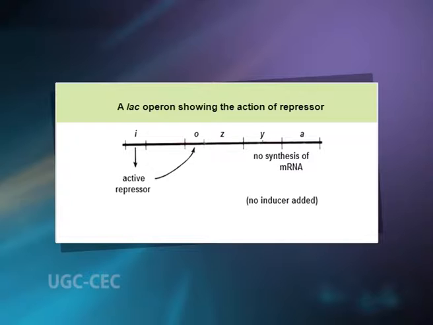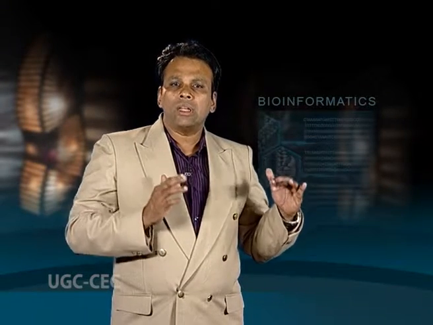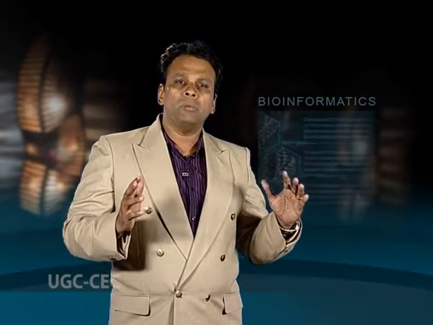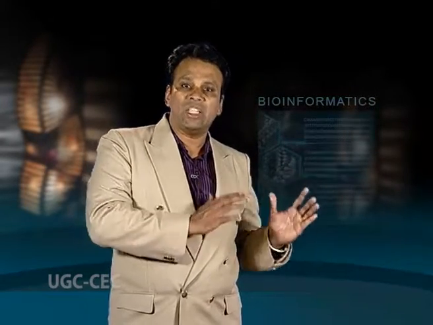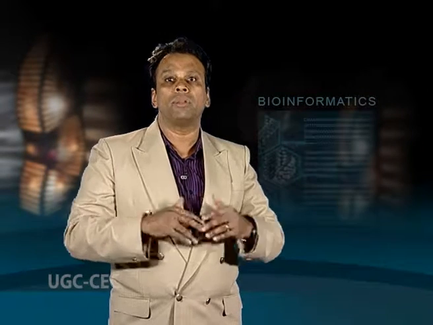If lactose is added, the repressor is rendered inactive, so that it cannot attach to the operator gene and the synthesis of mRNA takes place. This is illustrated in the figure. The activity of the regulator gene is controlled by a promoter gene on its left side. It has been shown that mutations in this promoter may increase the quantity of mRNA for the repressor.